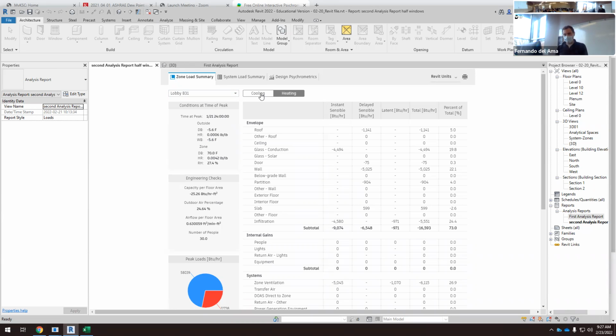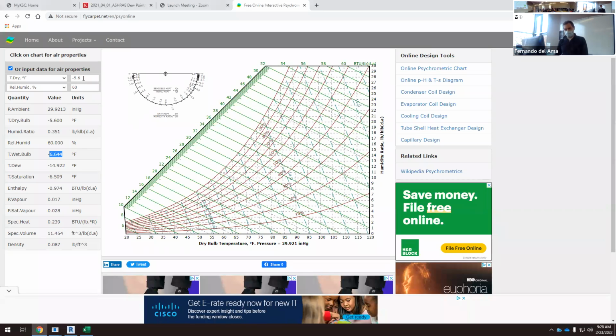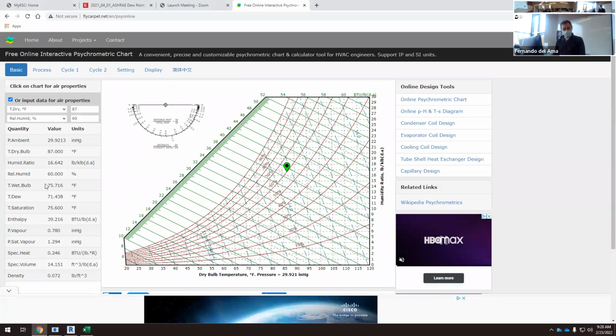So let's select the cooling. For the cooling system, we have 80 Fahrenheit dry bulb temperature, 87, and the wet bulb temperature is 69. If we go to this chart and the dry bulb temperature is 87, we calculate it again. The wet bulb is 75.